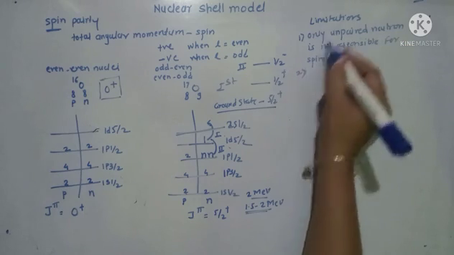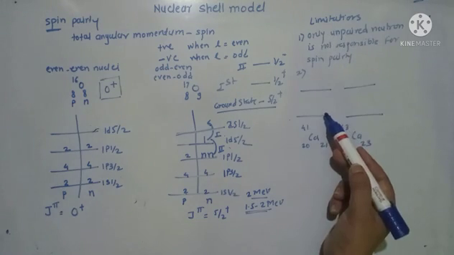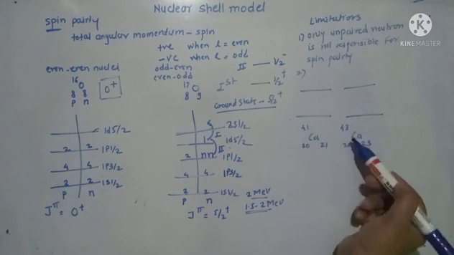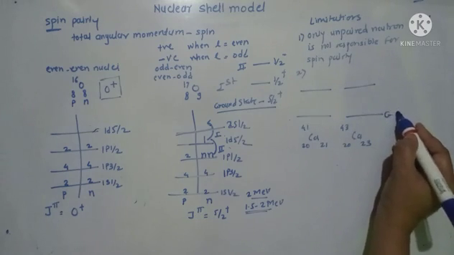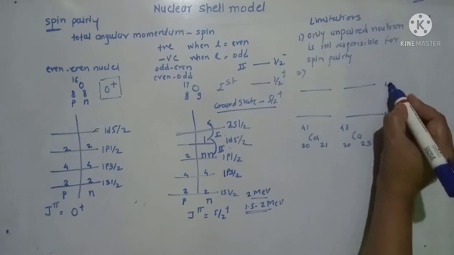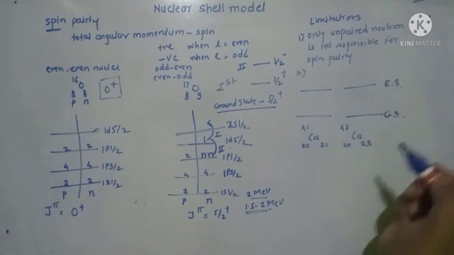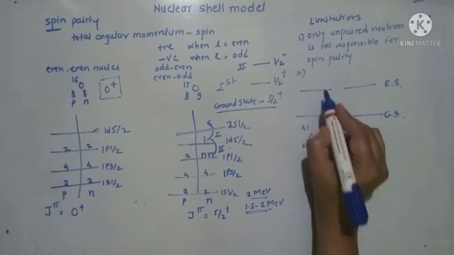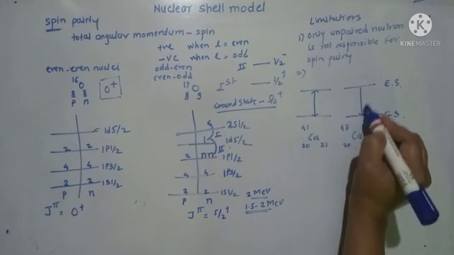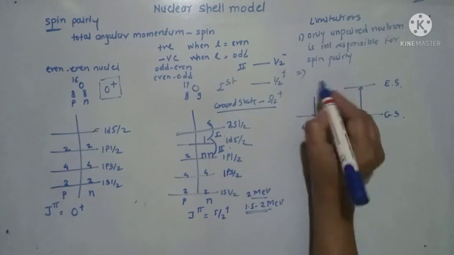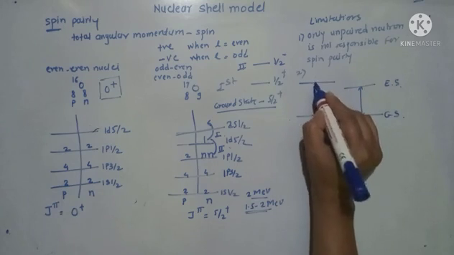So this is the first limitation of the shell model. There are some nuclei which have the same ground state spin parity and the same excited state spin parity, but there is a large energy difference between the first excited states of the two. I'll show it here like this.